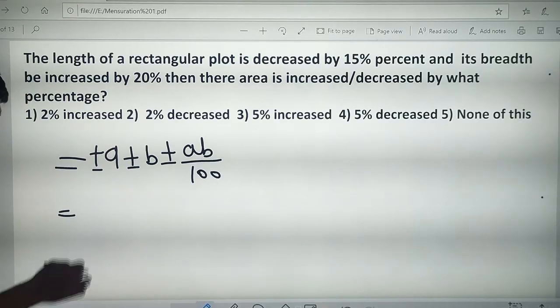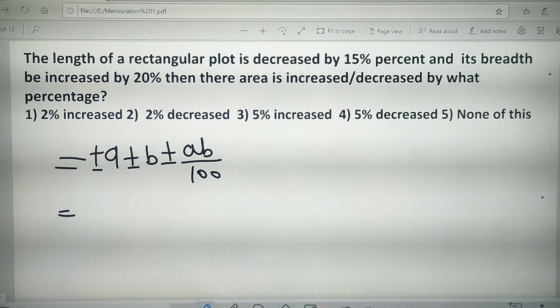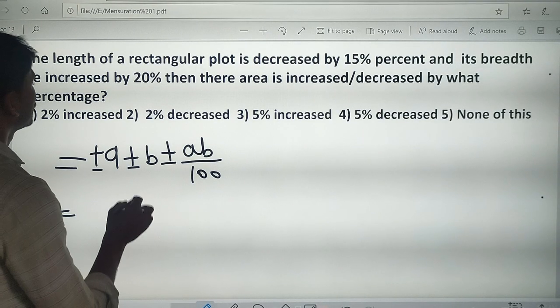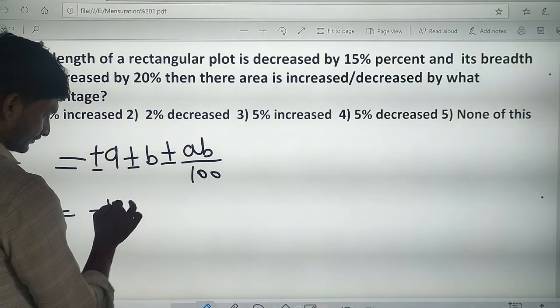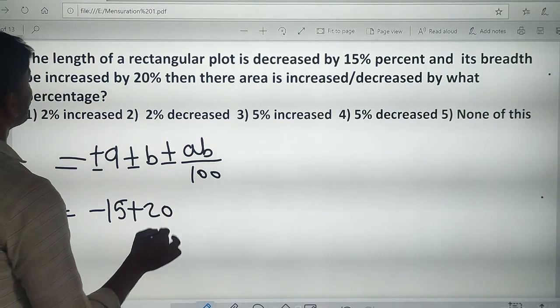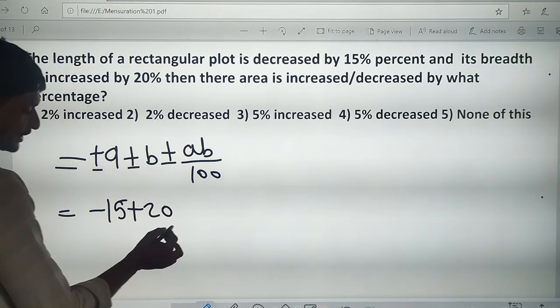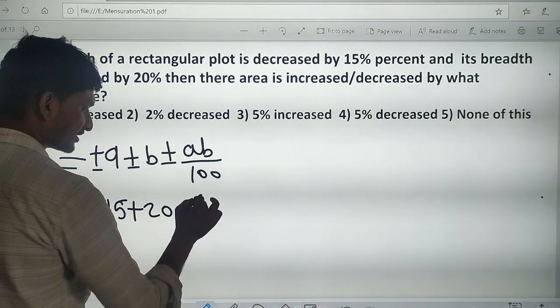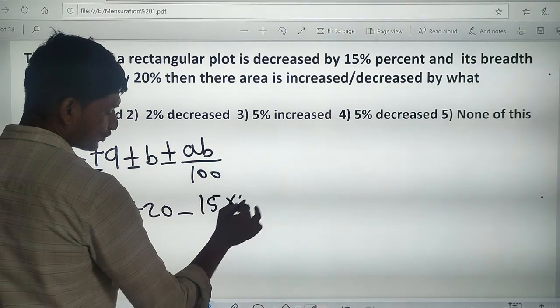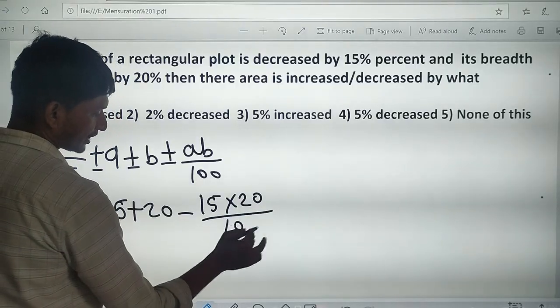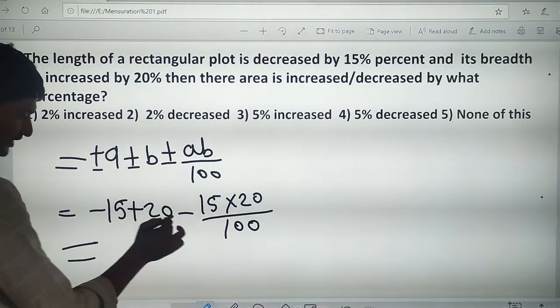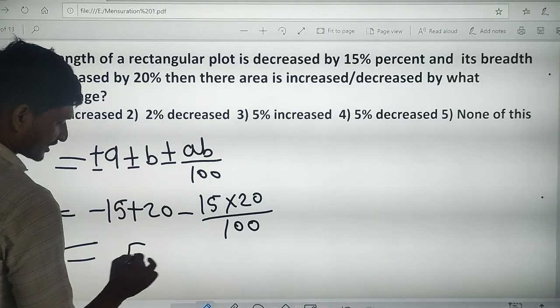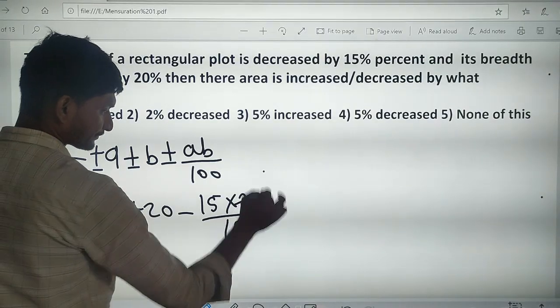Then a is minus 15 and b is plus 20. The multiplication of these two is minus 15 into 20 divided by 100.